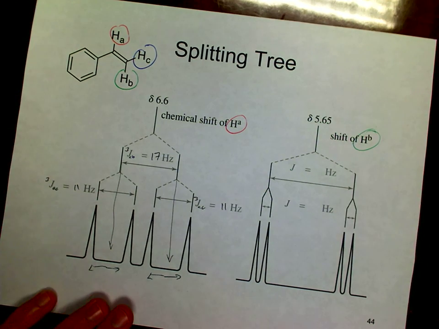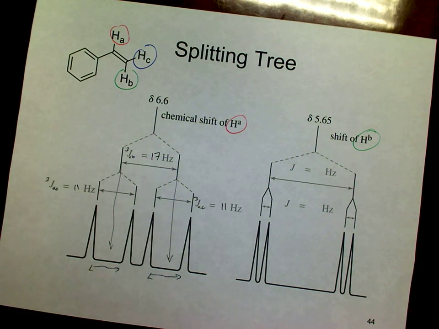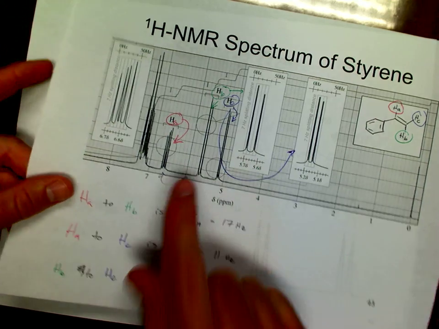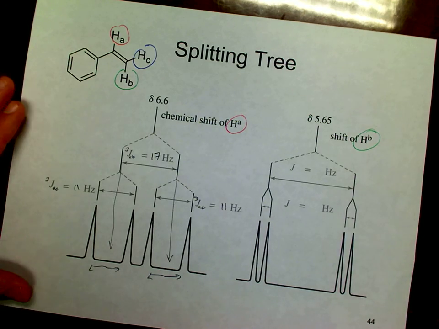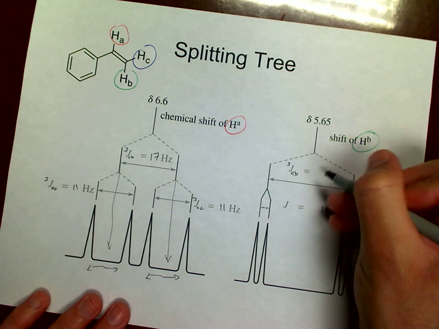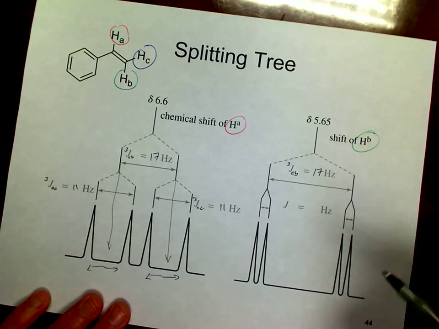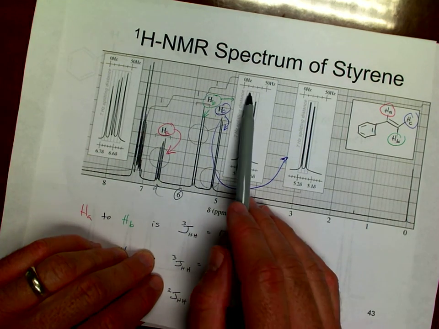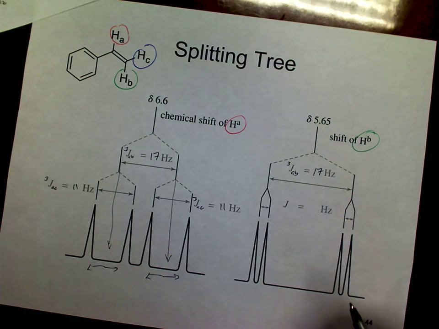So now we have HB. If you remember, HB was this one right here, a little bit bigger than 5.5 ppm. We still have the 3-bond coupling of A to B, a big, strong 17 hertz. This one was a nice wide coupling, but then the small coupling was very small.